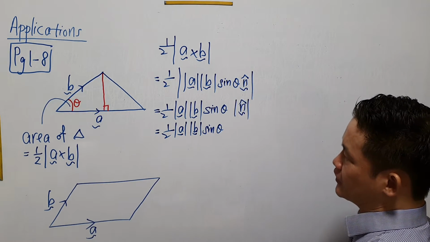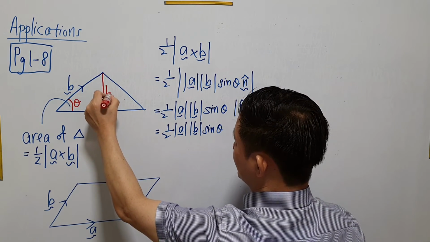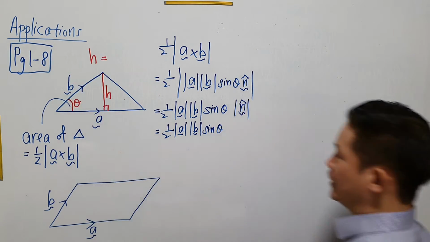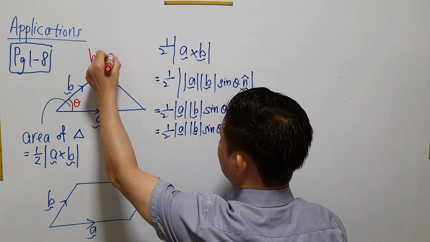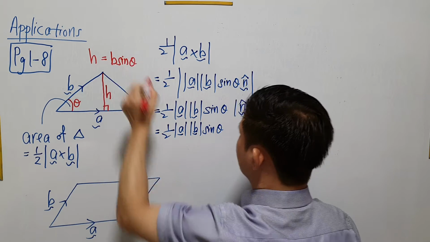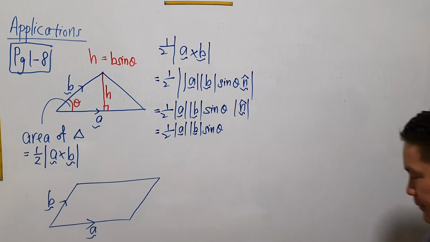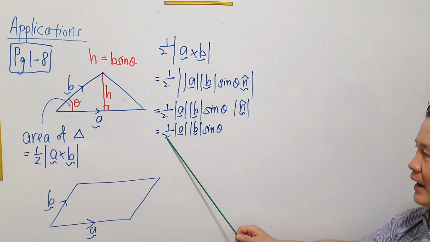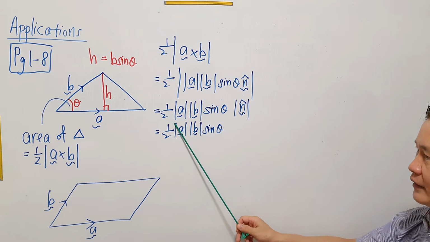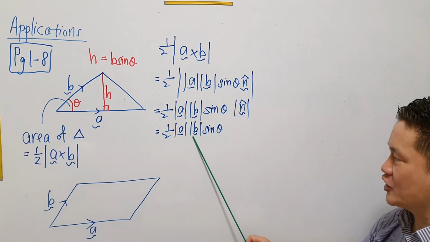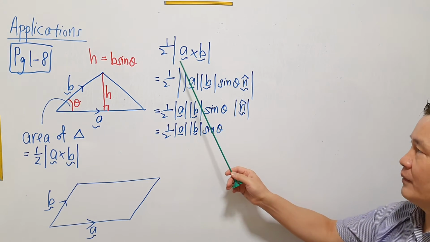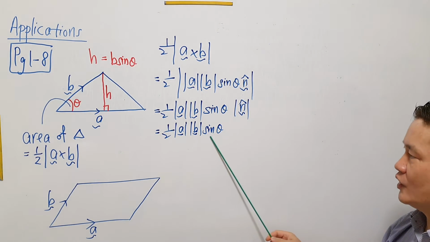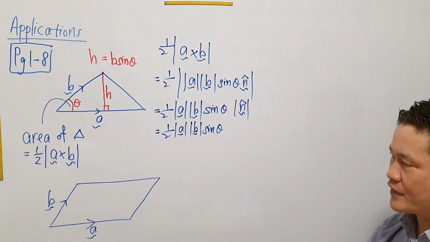Using your simple trigo ratio of sine, remember your SOH CAH TOA, the height h will turn out to be B sine theta. So you can see that in your lower years when you learned this formula, half the length of one side, which is this fella, times the height of the triangle. So what I've shown you here is that half of the magnitude of A cross B turns out to be that familiar formula pertaining to the area of a triangle.